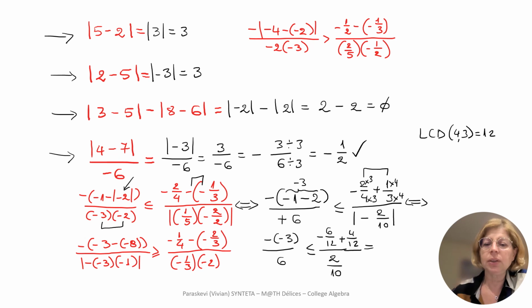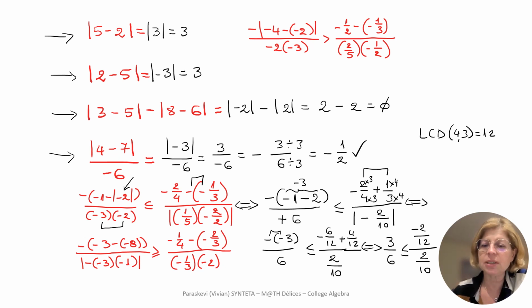And let's continue. So here the two negatives will give me positive, so it will end up to be a 3 over 6. And here on this side, I will have the same denominator, minus 2 on top and 2 over 10 below. We will continue.